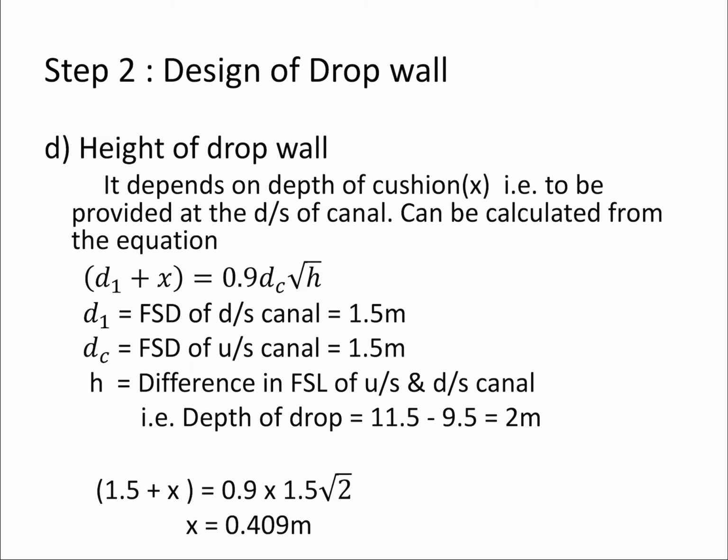Okay. Next, we want to fix the height of the drop wall. To fix the height of the drop wall, first we want to find the depth of the water cushion we are providing. Let it be taken as x.